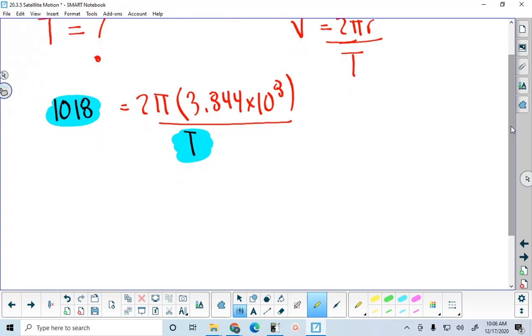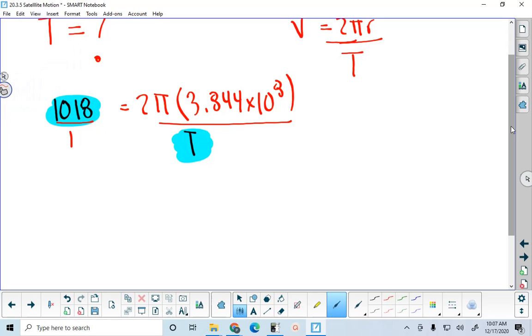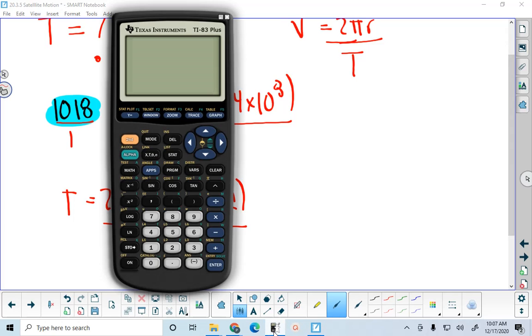If something is on the top of the left-hand side of this type of equation and you want it out of there, move it to the bottom of the right-hand side, and vice versa. So what we're going to have here is the period will be equal to 2 pi times the radius over 1018. And we're working in standard units.